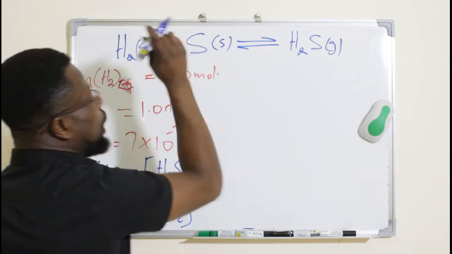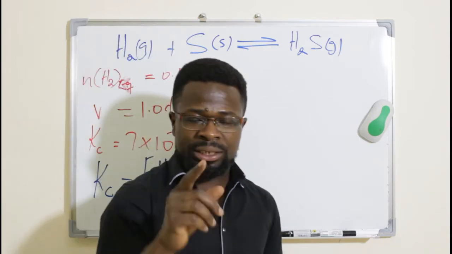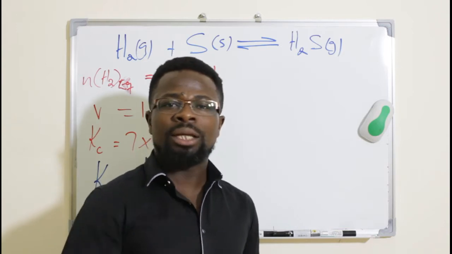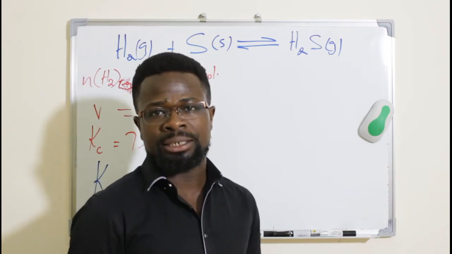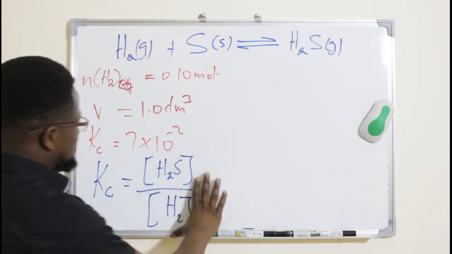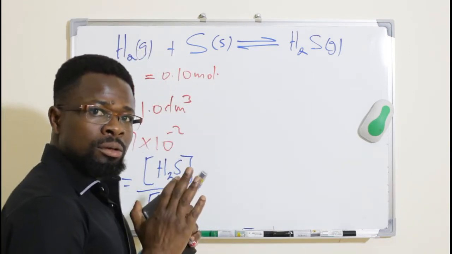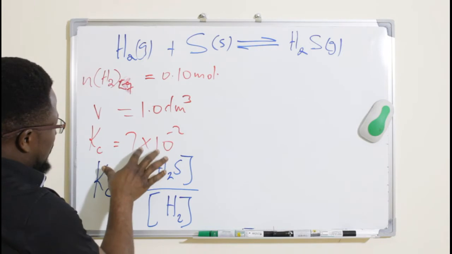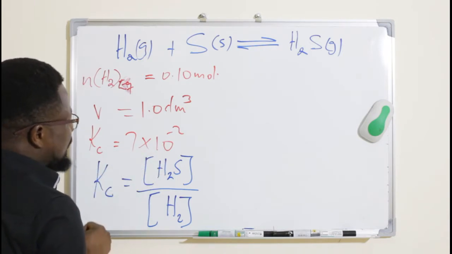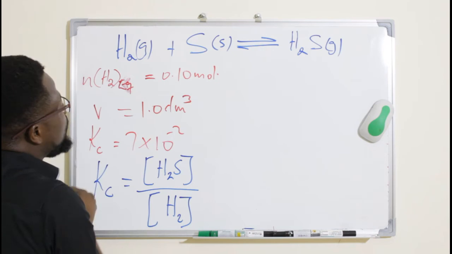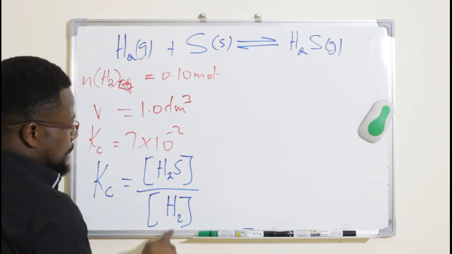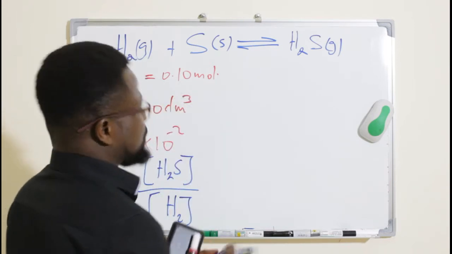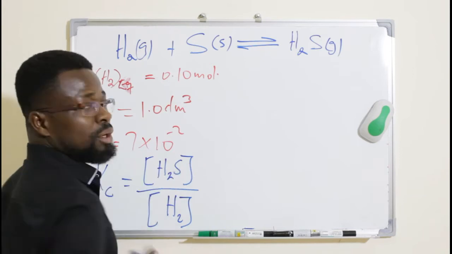Now, I am not going to include the solid, because remember we said in calculating the Kc, solids and liquids are not used. So this is the expression for the Kc. We know the Kc value, and we are given the equilibrium value of the H2, but it is in number of moles, and what we want is the concentration. So we need to convert this into concentration, and then do the substitution and solve.